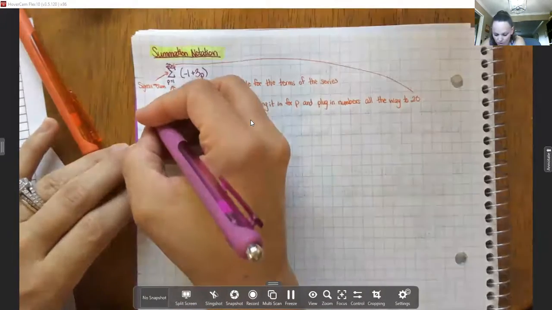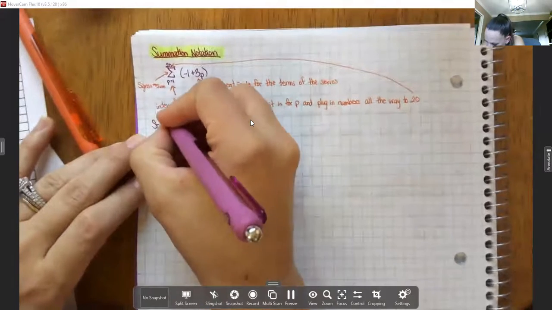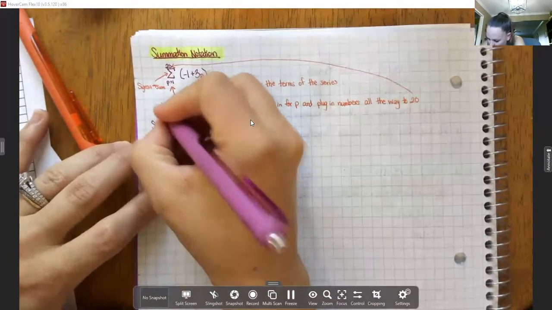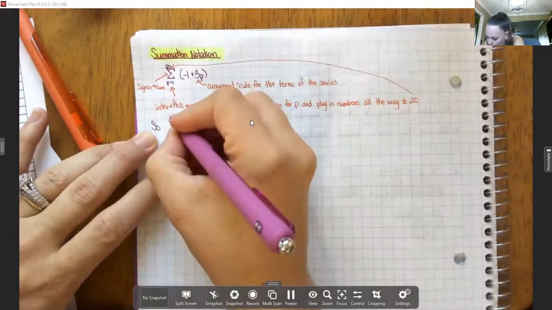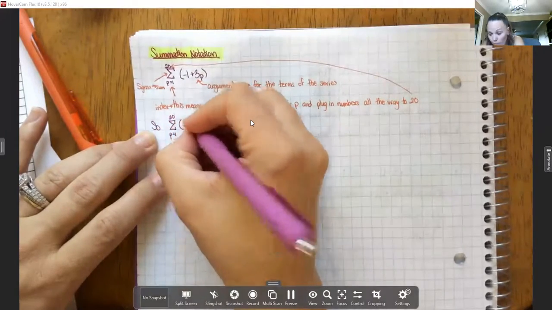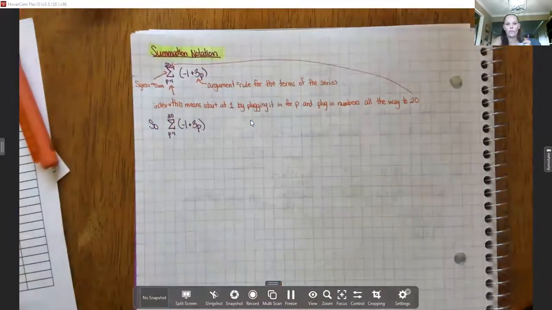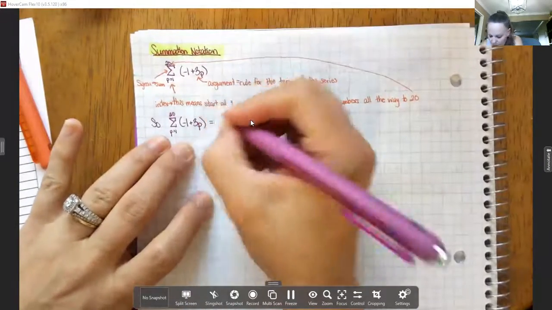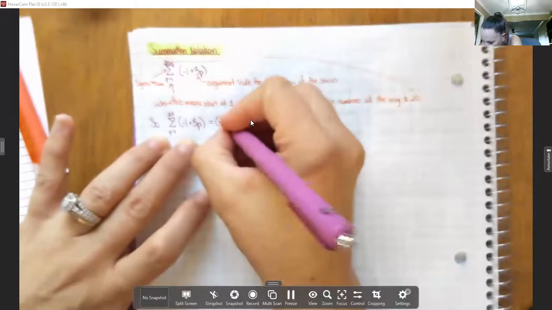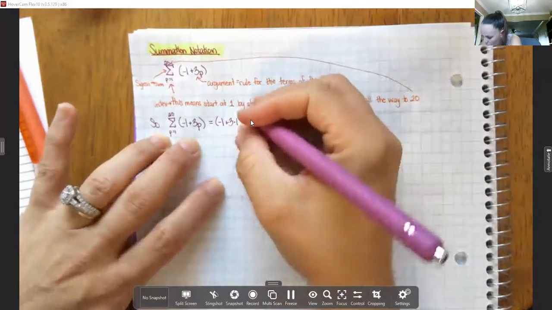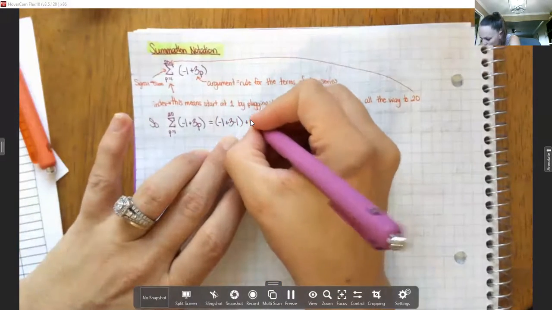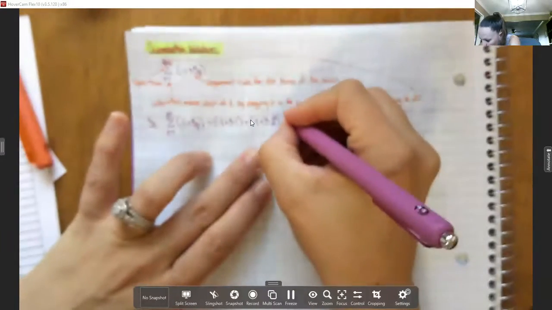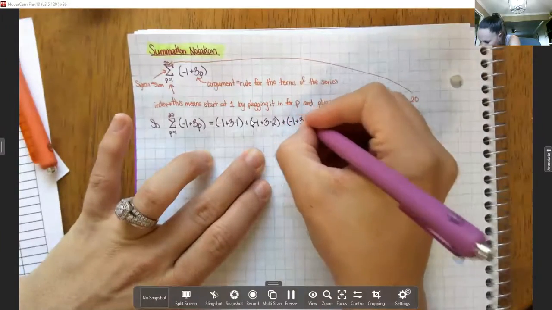So this problem, what this means, for sigma, I'm going to rewrite the whole thing again. What this means is we do -1 plus 3 times 1, plus -1 plus 3 times 2, plus -1 plus 3 times 3.